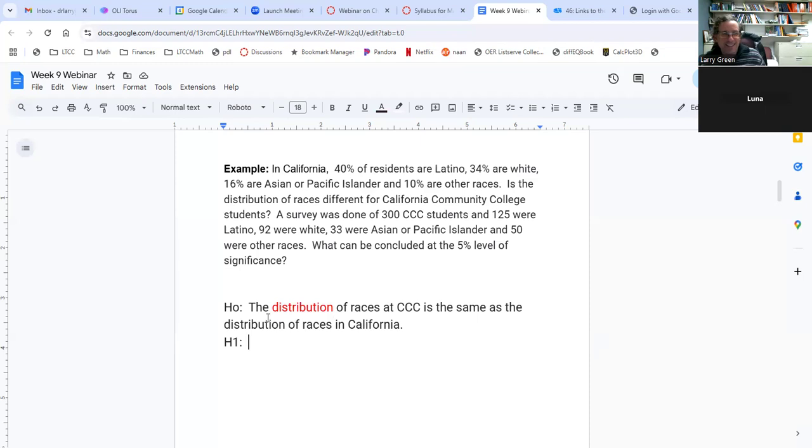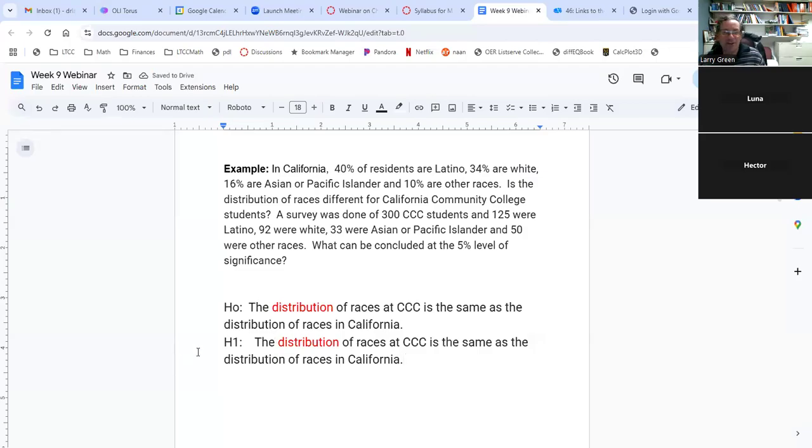Any idea? And here's a hint. What I'm going to do is I'm going to copy this. I'm going to paste it, but it's not going to be the same. H naught and H1 are never exactly the same. What changes? It's very simple. Any thoughts?